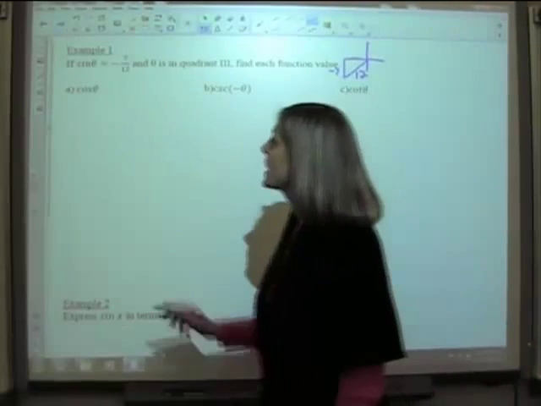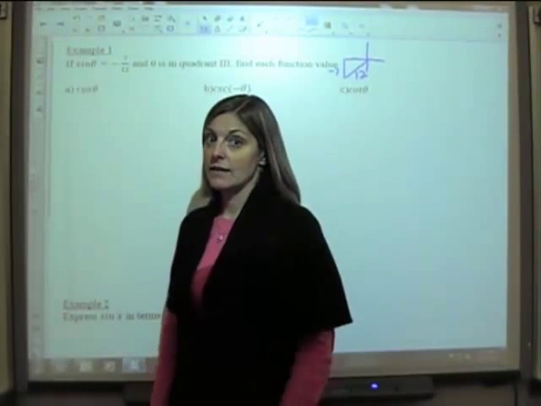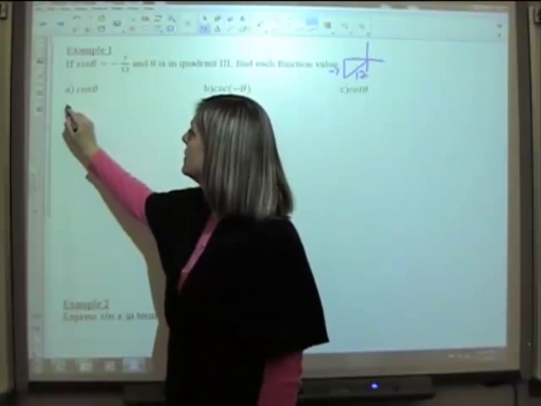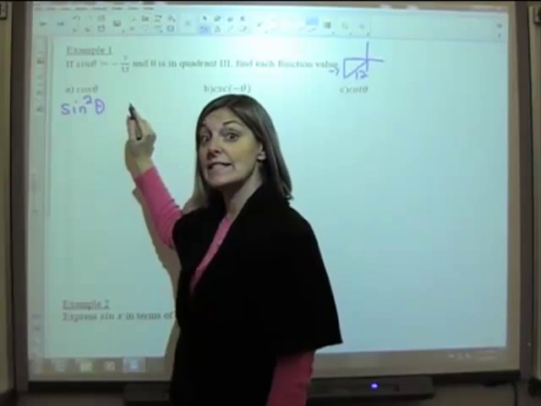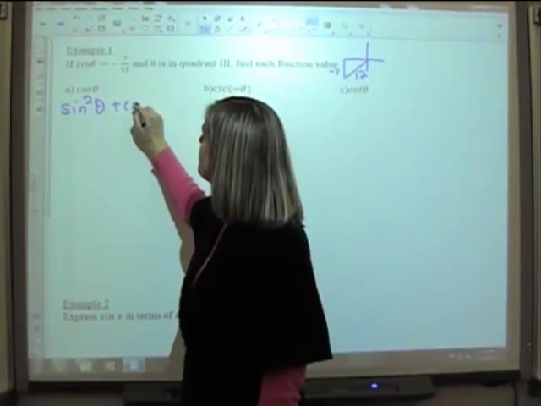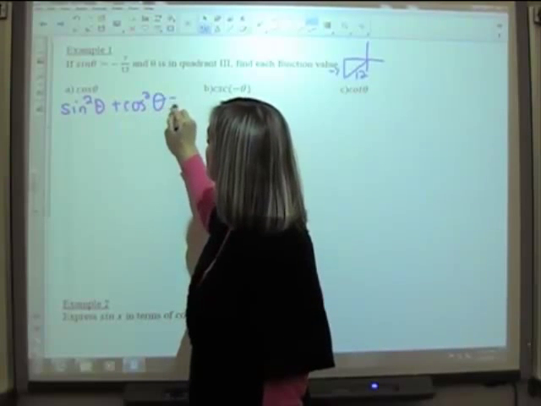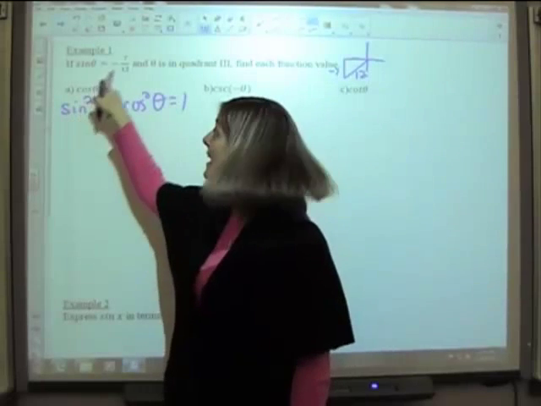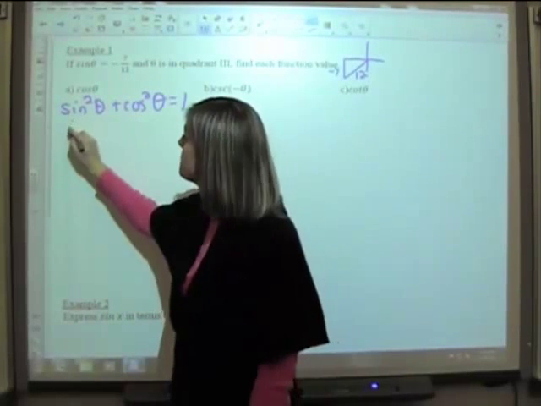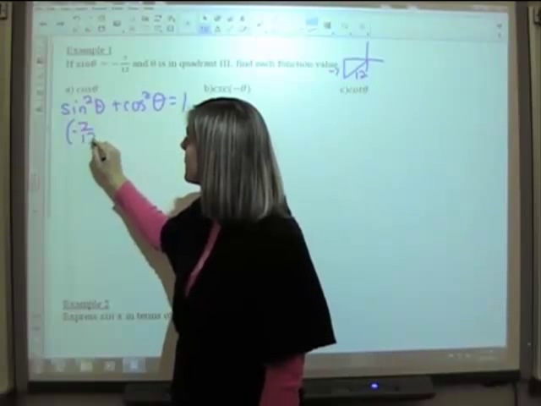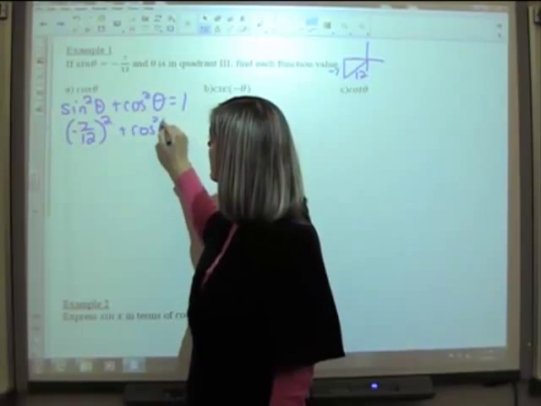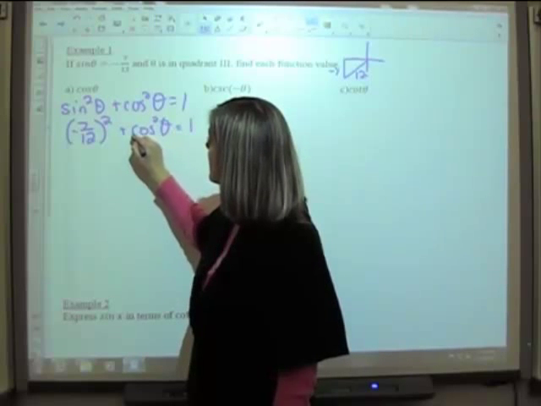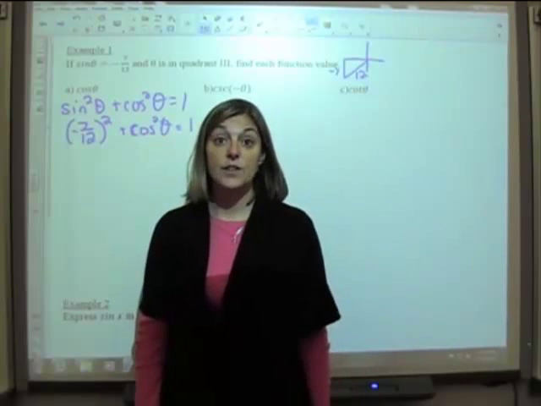Let's see how that works. If we know sine, and we're trying to find cosine, we can use our Pythagorean identity. We know sine is negative 7/12, and we're trying to find cosine.